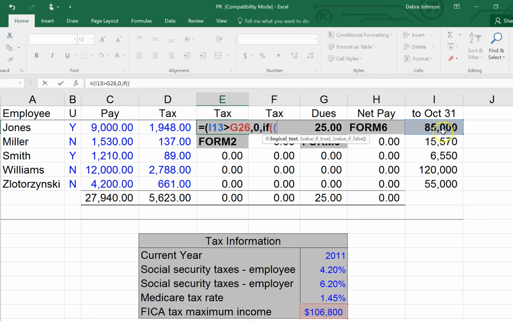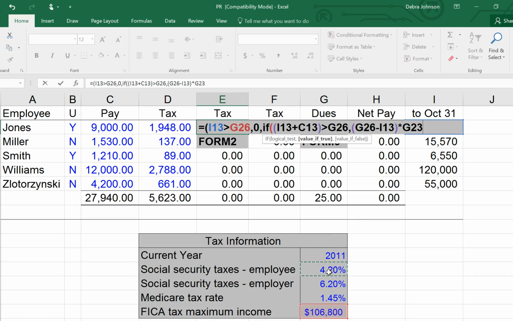So we're going to say if this pay plus what he's made in the current month is greater than the maximum. If that's true, then we want to tax just the amount he is away from going over, which means we would take 106,800, the cell where that's located, less what he's made year to date, and multiply it by the rate.